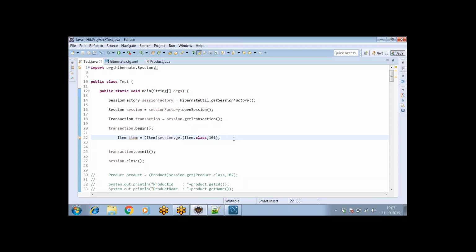Guess whatever it is, no problem. It will load lazily. Okay, good. Why? What's the reason?